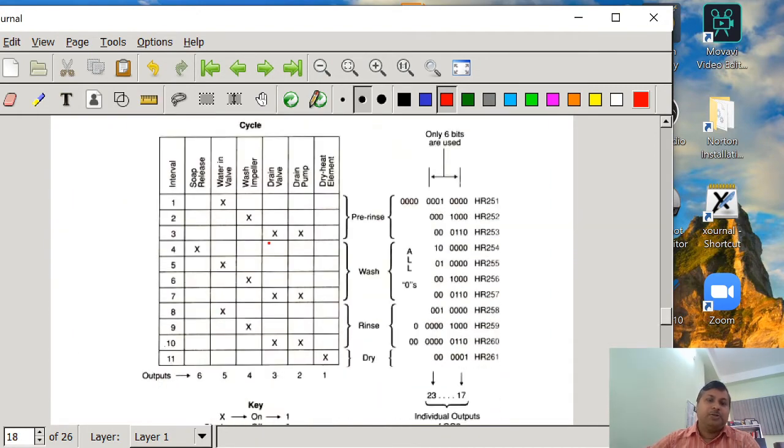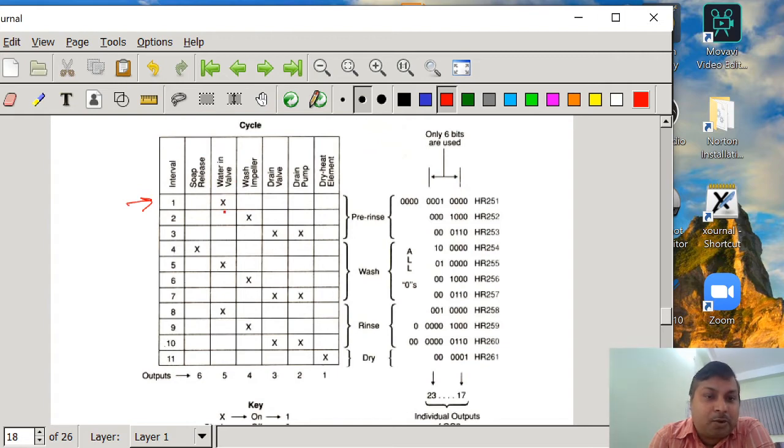Suppose we want to perform 11 steps, and we have 6 outputs. What are they? The dry heat element, the drain pump, drain valve, wash impeller, water in valve, and soap release. So in the first step you have to open the water in valve.